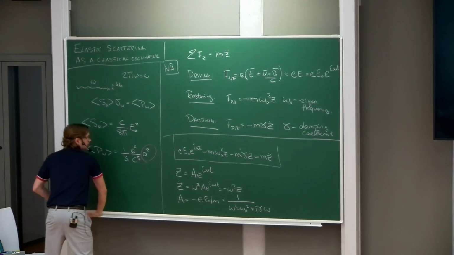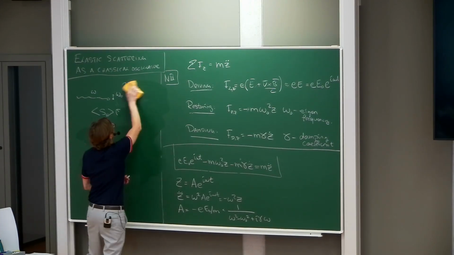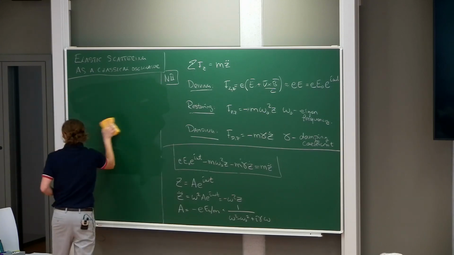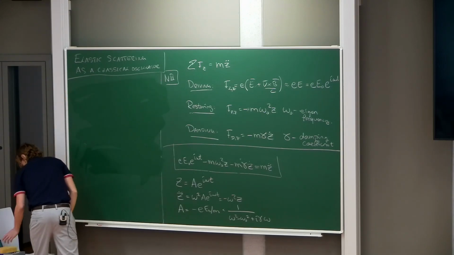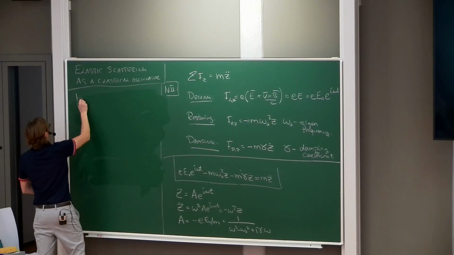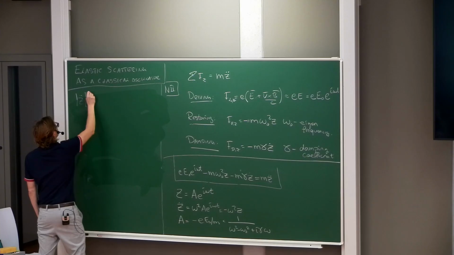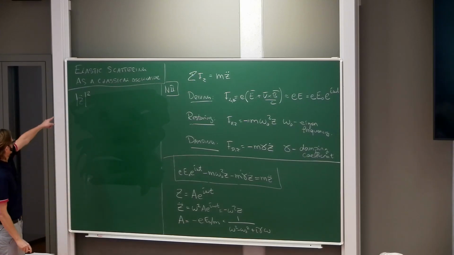Now we take the complex conjugate of that to get the absolute value, that is the real part of our acceleration squared.